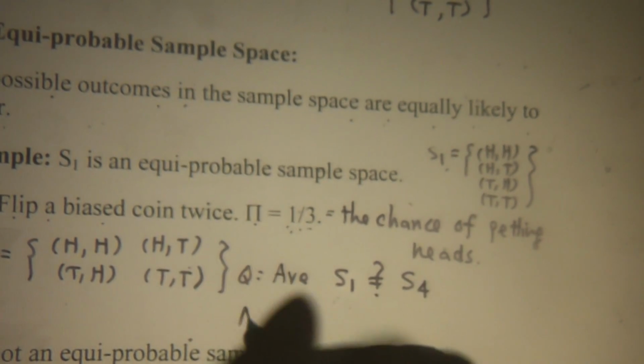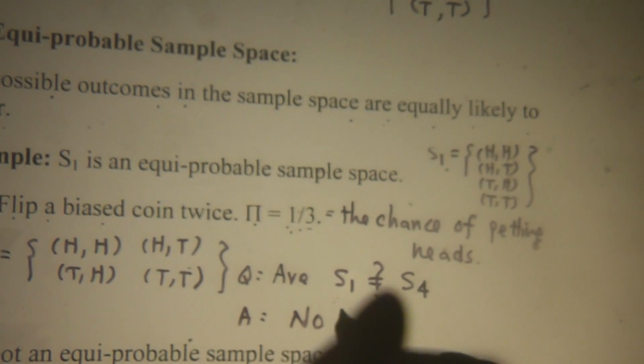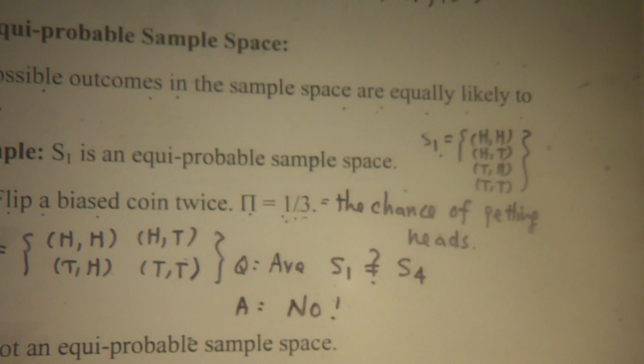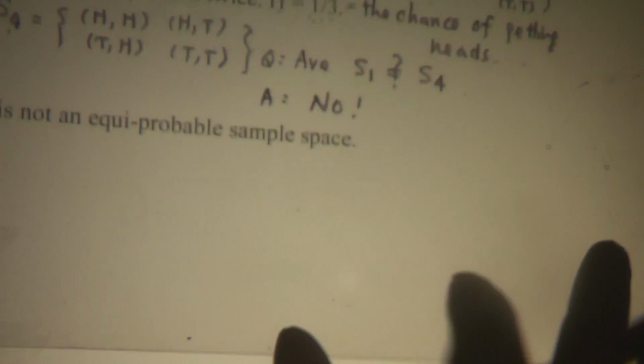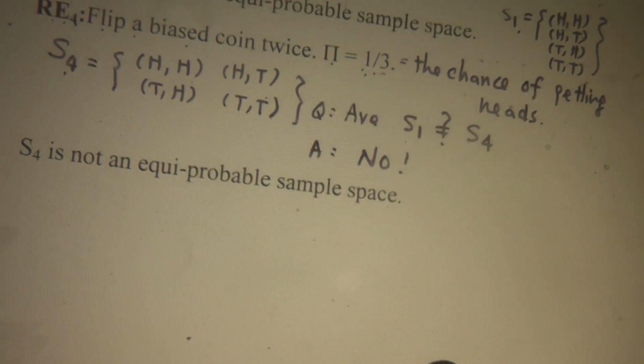The answer is no. S1 is not equal to S4. Why is S1 not equal to S4? Here's the reason. S4 is not an equiprobable sample space, but S1 is.